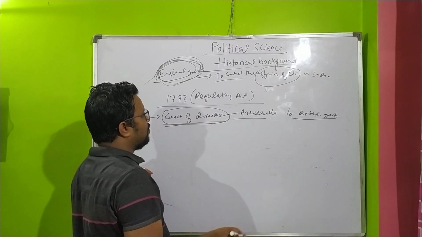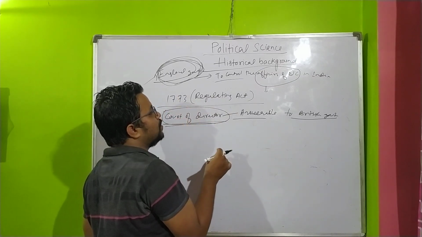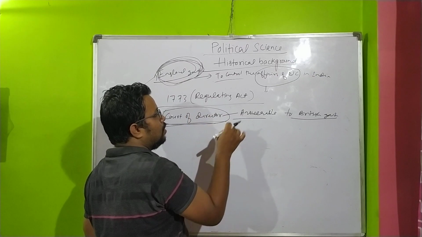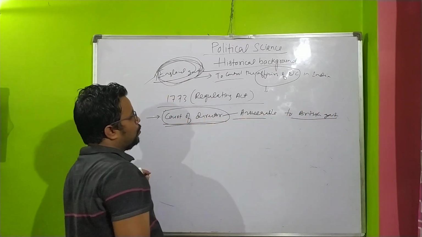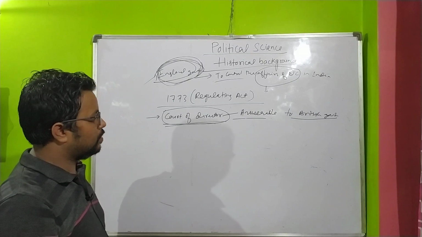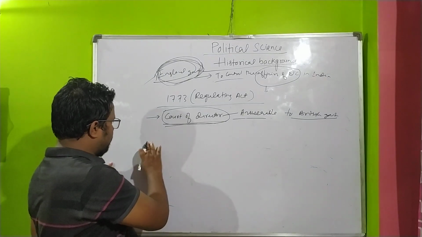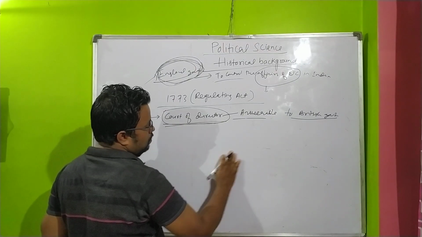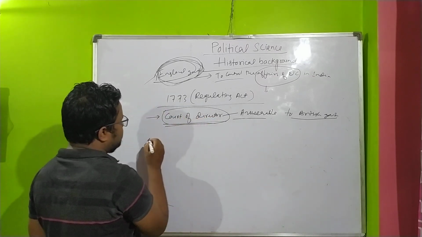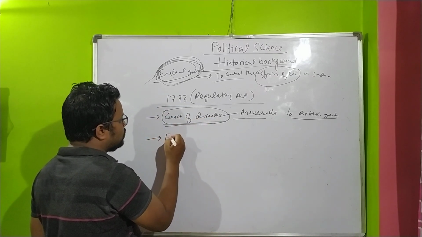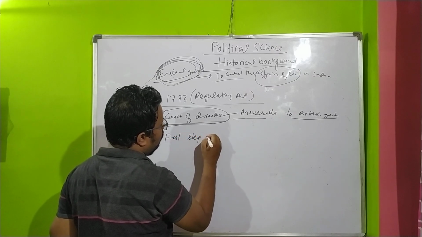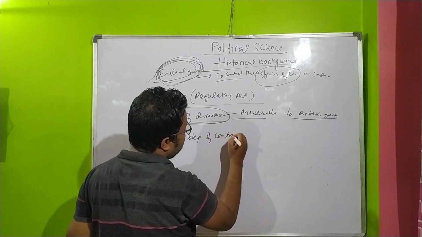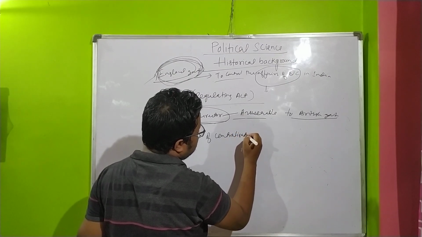Everything the East India Company does in India has to be answered to the British government, and this answerable body was the Court of Directors. Now what happens? In 1773, it was the first step of centralization.